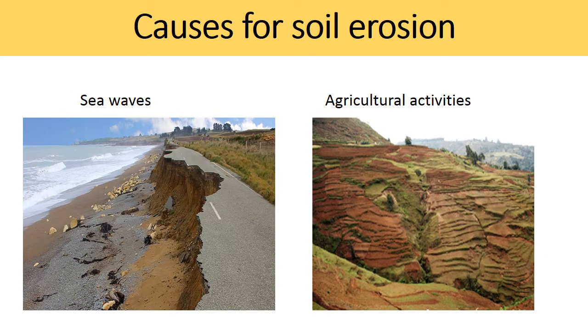The other causes of soil erosion: the first is sea waves. Sand in the coastal areas is washed away by the sea waves. This is also one way of soil erosion. Next, due to agricultural activities, as you can see in the picture, most of the soil is eroded.